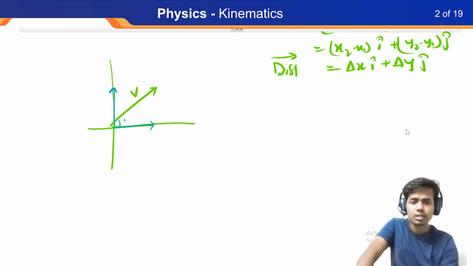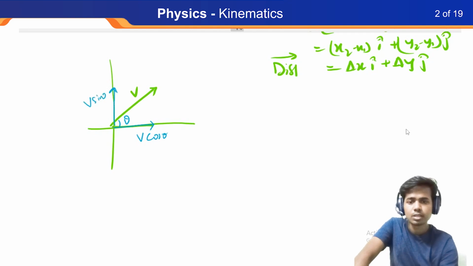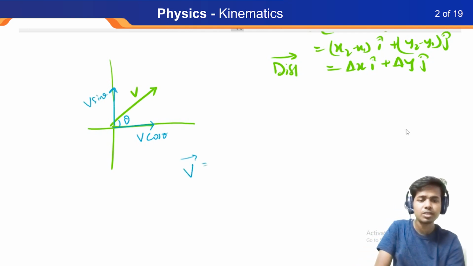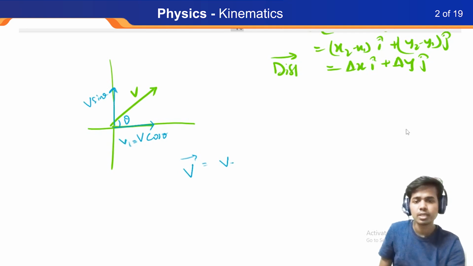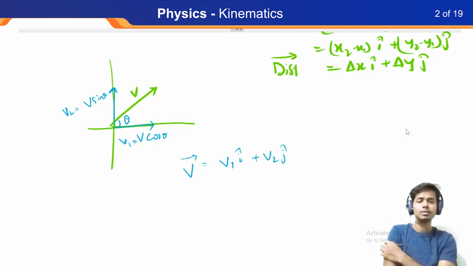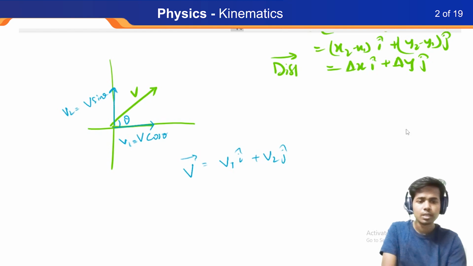If this is theta, can we write this as v cos theta and this as v sin theta? So v vector should be equal to v1 i cap plus v2 j cap, right? And what is v1? v cos theta i cap plus v sin theta j cap.